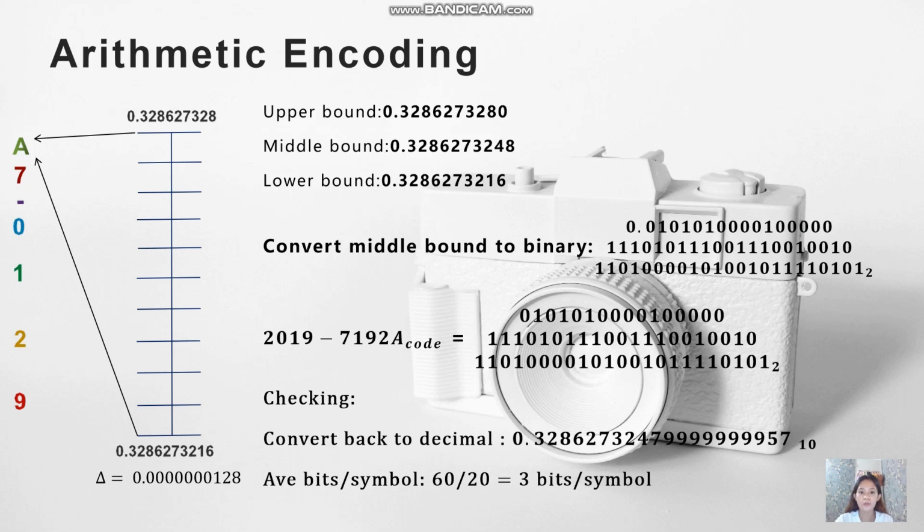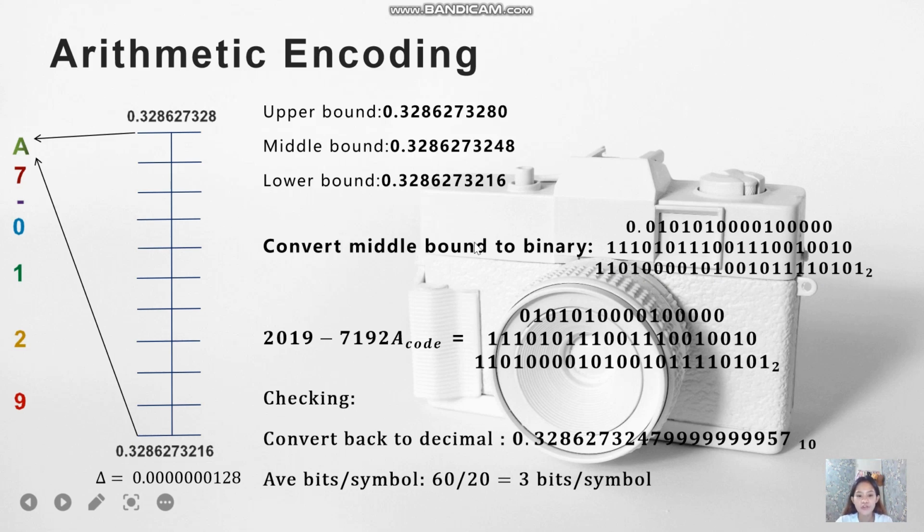So we got 0.32862732248. So using a calculator, I did convert this middle bound to a binary. So we got 0.01101000101101010101111101011.